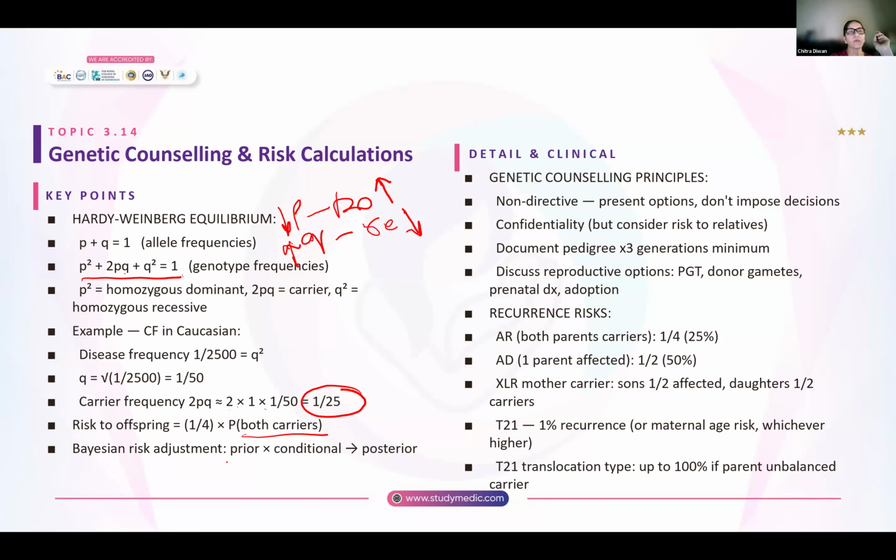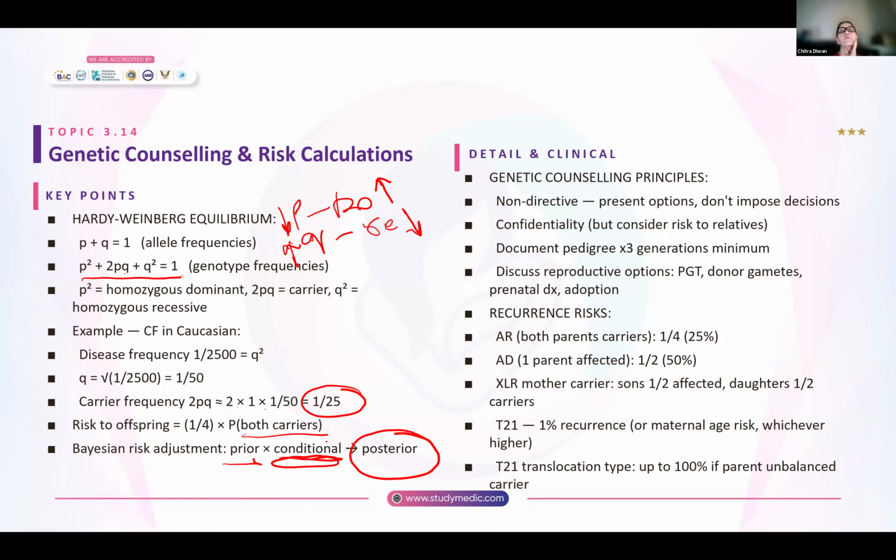This prior or basic incidence is multiplied by whatever conditions are imposed on that population, and then the risk at present is calculated. That is called the posterior risk. You need not go into details of that because I have not seen any questions like this in the exam.